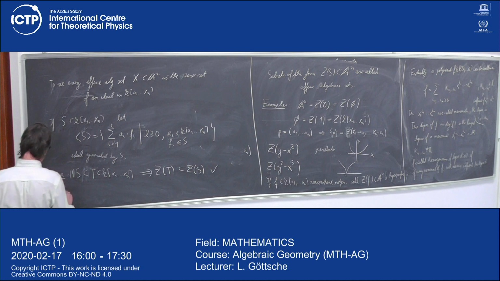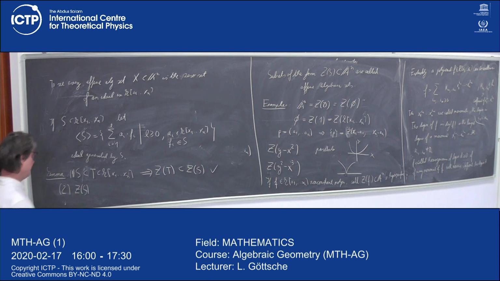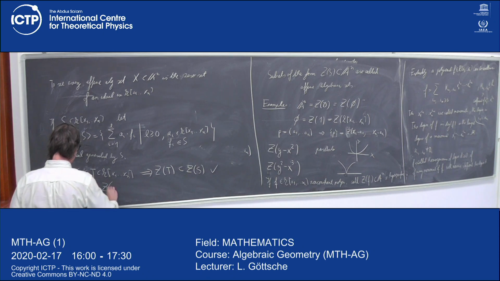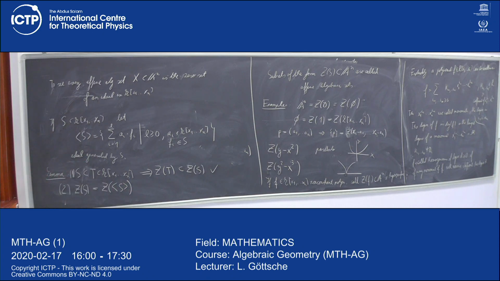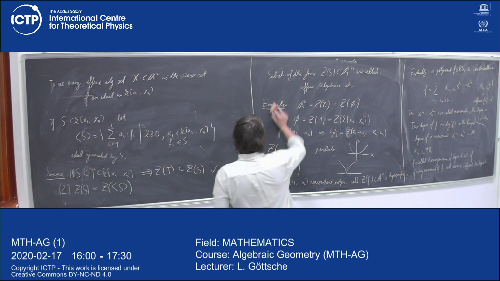And now, the second statement is that the zero set of such a set S is the same as the zero set of the ideal generated by S. Okay, and this is also relatively clear.